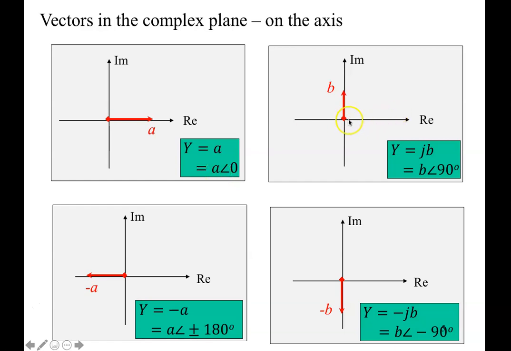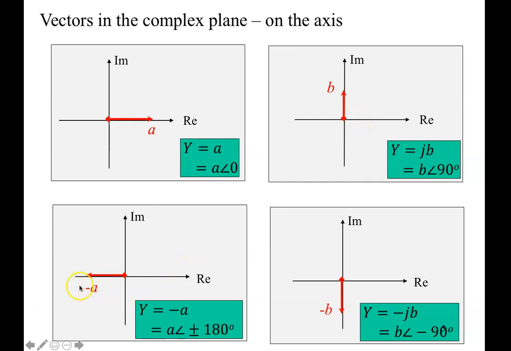If you have a complex number that has only a positive imaginary part, then this number is JB. There's no real part. And JB is actually at 90 degrees. So you have a magnitude of B and an angle of 90 degrees.